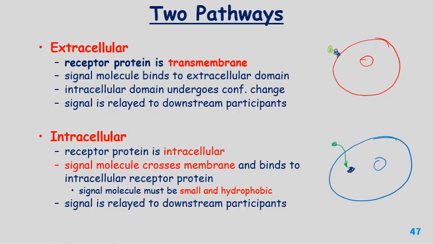Okay. What kind of molecule is going to do that? Well, a molecule that is very small and hydrophobic, right? Like certain hormones can go through the membrane and hit the receptor that is inside of the cell. And then there are more flavors to that. Sometimes the receptor can be inside of the nucleus. So then your hydrophobic small molecule will have to go through all these other membranes to hit the receptor inside of the nucleus.